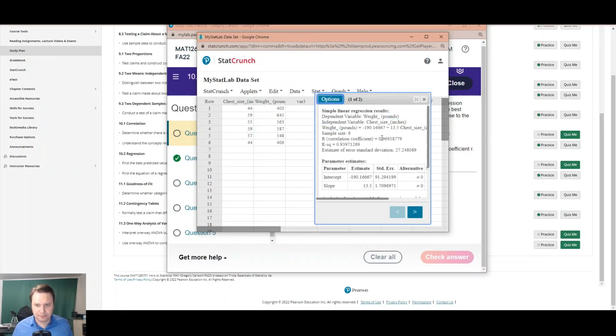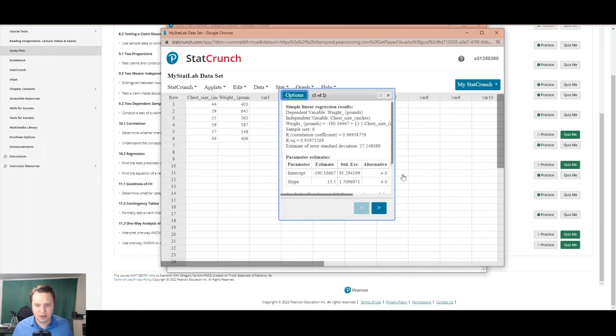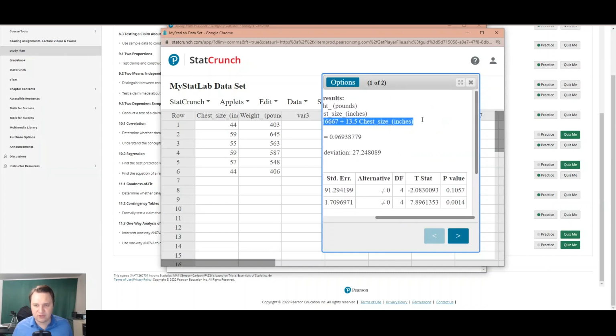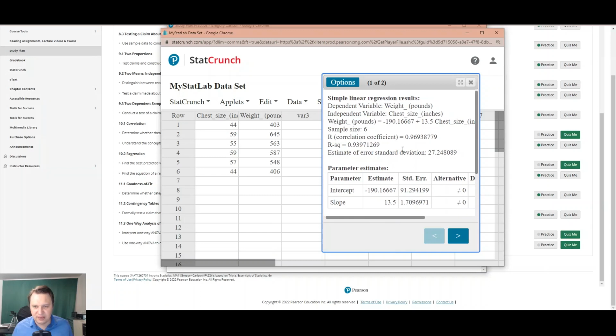And once again, they put in the names of the variables. So you could probably change it to X and Y if you'd like, but here's the equation right here. So notice that they actually put in the name of the variable for X, and they put in the name of the variable for Y, but this is still the connection.